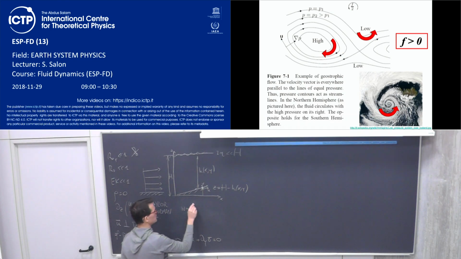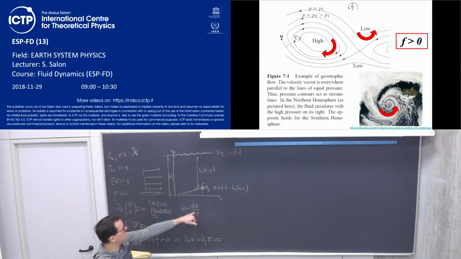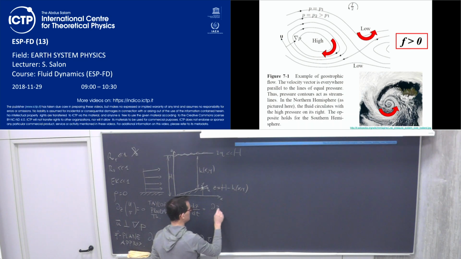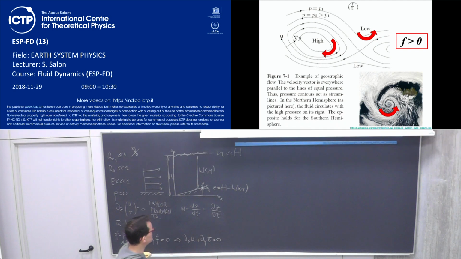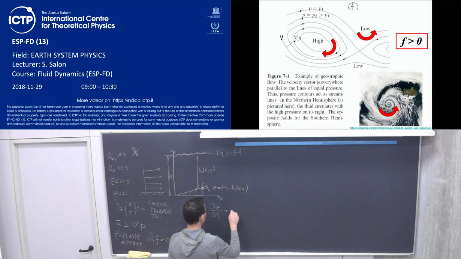So w, which is the vertical velocity, is basically the total derivative of z, the vertical position, with respect to time. We can decompose it into the local derivative in time, plus the advection.